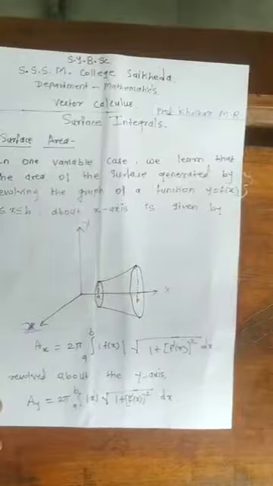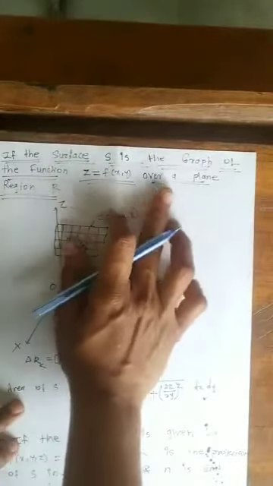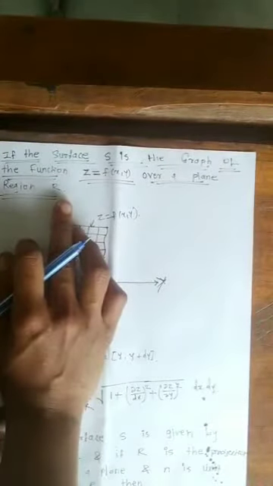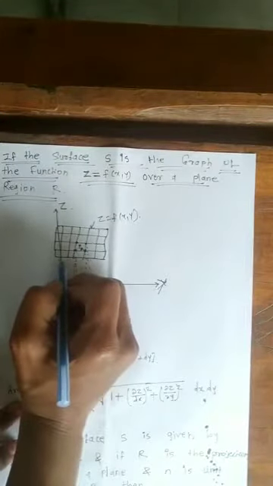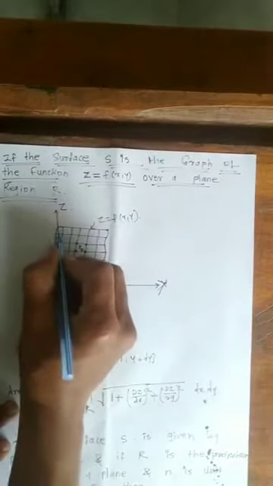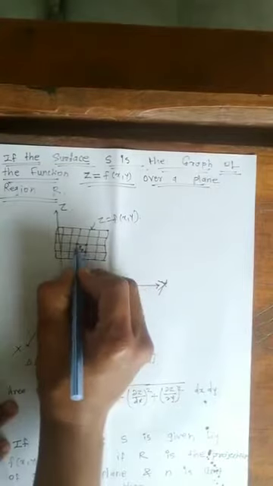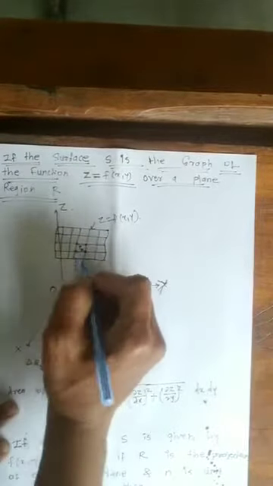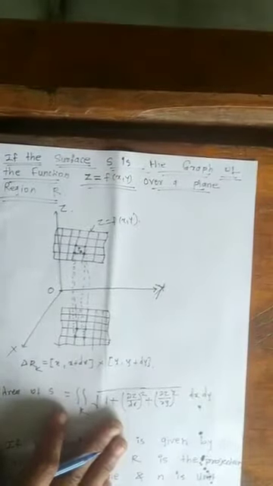Next, the surface S is the graph of the function z is equal to f of x y over the plane region R. If we take a small rectangle, we first find the unit area of this rectangle Rk, then we take the integration, and then we get the area.